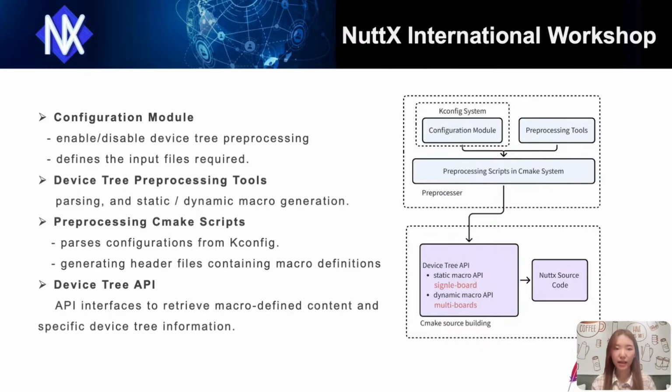Macro API interface. Define API interface for retrieving macro values, allowing chip or board code to call and obtain hardware information. This feature defines macro-based APIs to help drivers fetch hardware info, suitable for resource-constrained scenarios.